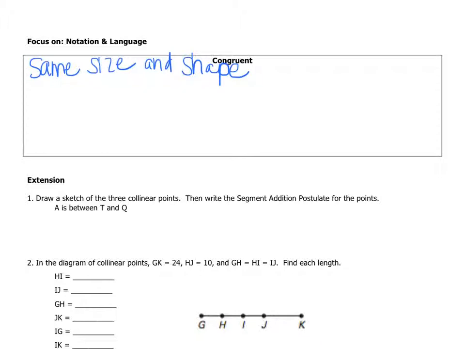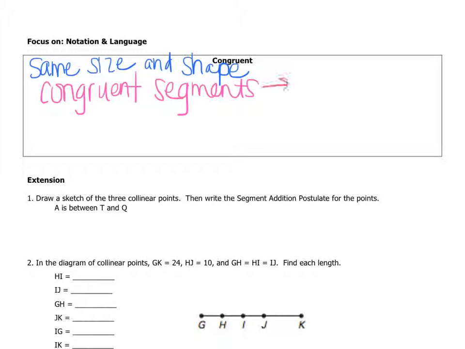Next semester, we'll talk about what the word similar means in geometry because it does mean something different than congruent. Okay? To be congruent, that means the two figures are the same size and shape. Because we're talking about segments, congruent segments have the same length.